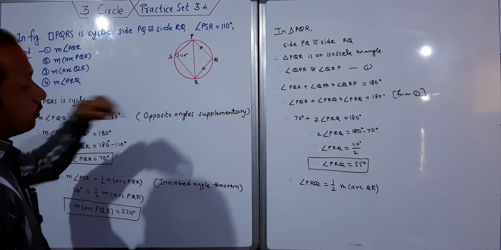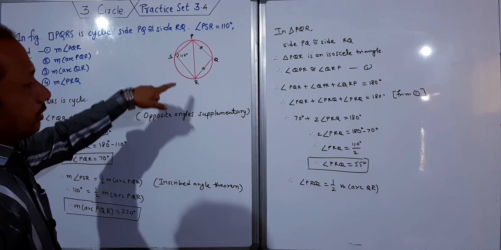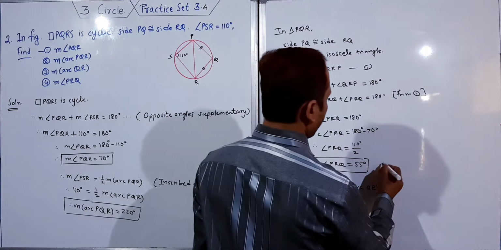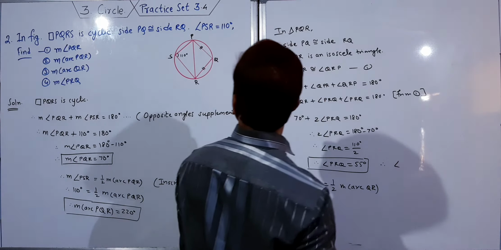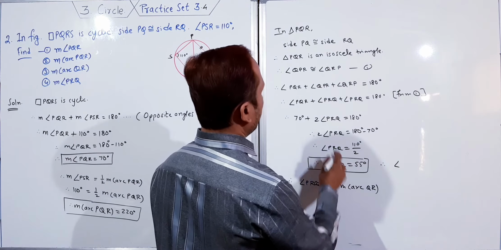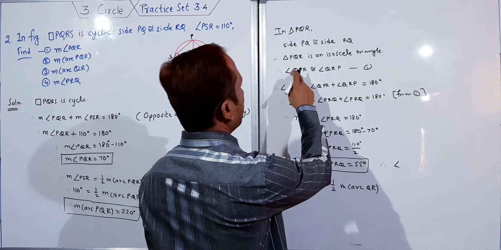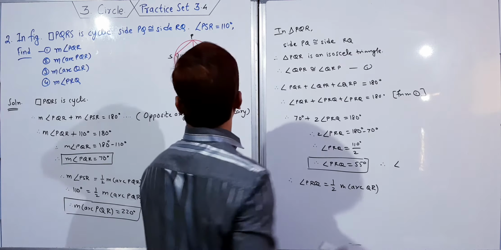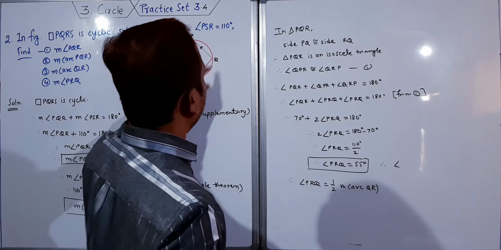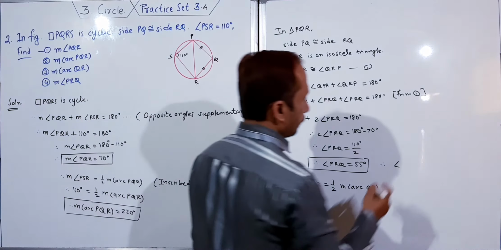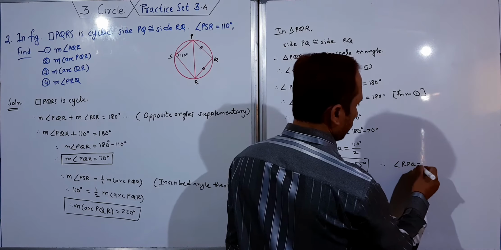One second. Therefore, I am writing one more step here. The angle we got is PRQ, so this is RPQ. Since PRQ we got, we can write RPQ also. Therefore angle RPQ is also 55.